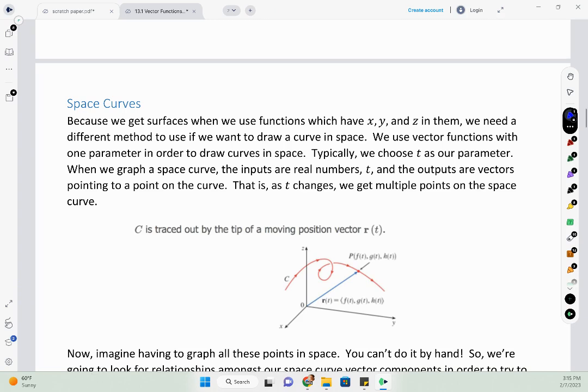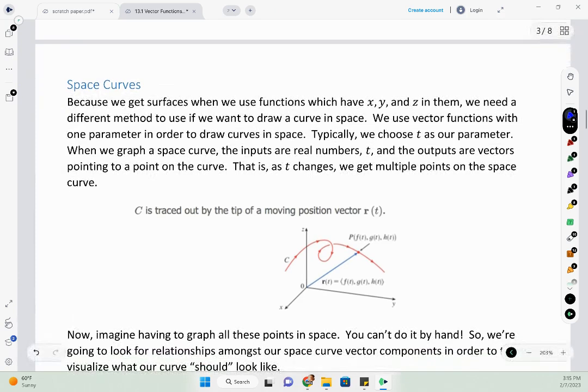The problem is that a curve is a 1-dimensional object, and we want to look at it in a 3-dimensional space. And so multivariable functions don't work to give us curves. They give us surfaces, which are going to be 3D. So that's kind of the behind the scenes of why we need to do this.